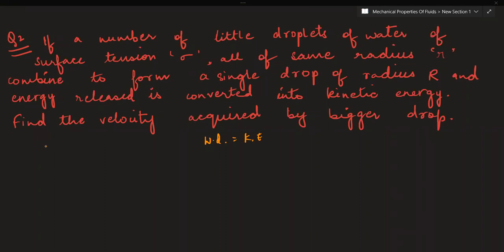No, it forms a single drop. It means a number of little drops of water of surface tension sigma, all of radius small r.